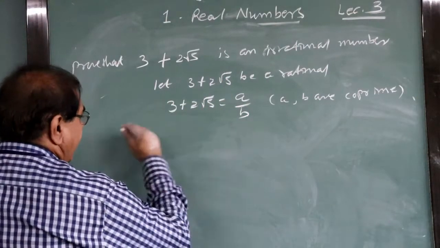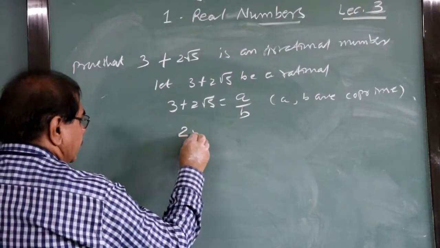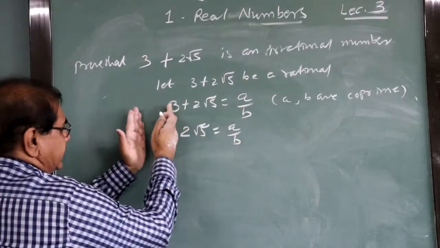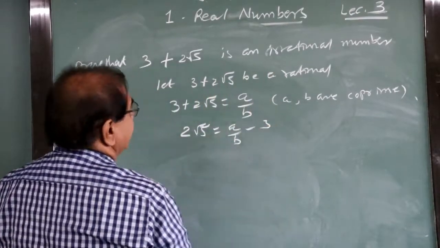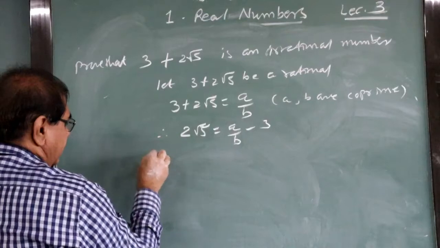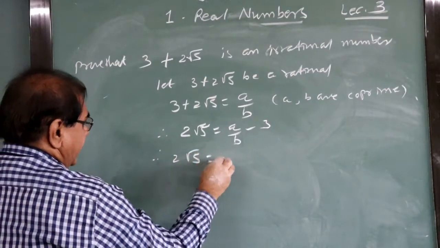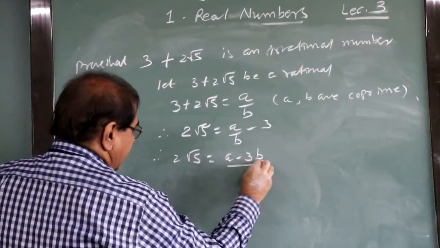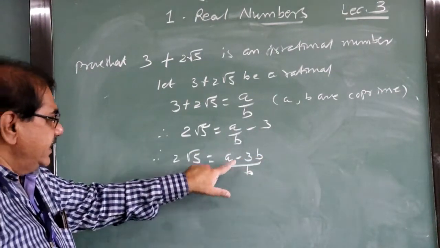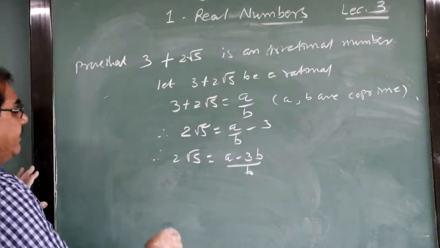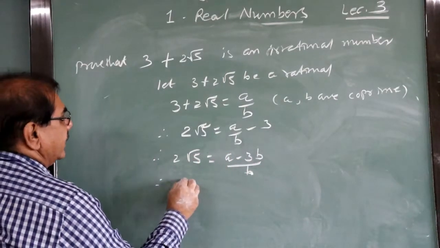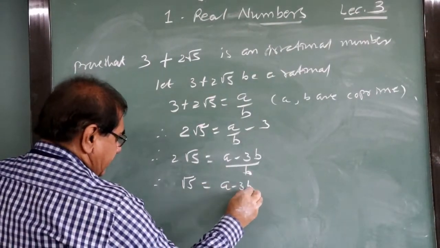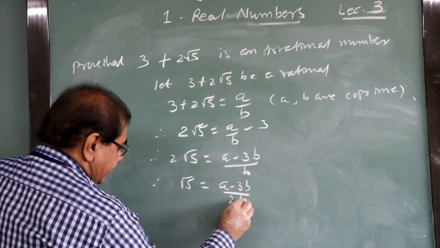Now what I do, 2 root 5 is equal to A upon B, plus 3 changes the side, becomes minus 3. So therefore 2 root 5 is equal to A minus 3B upon B, taking the LCM of B. Okay? Therefore root 5 is equal to A minus 3B upon 2B.